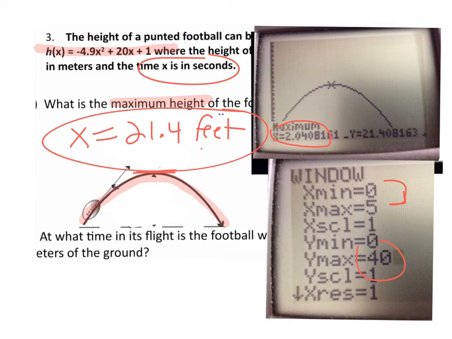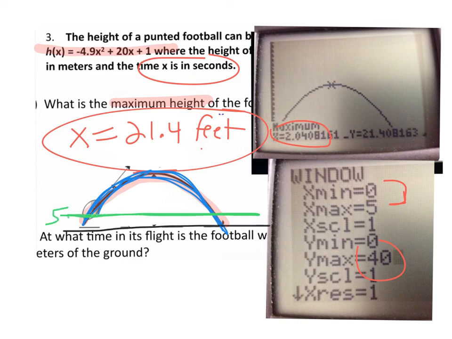So the second part now says, at what time in its flight is the football 5 meters off the ground? So I'm going to use this picture that was given to you, and they want to know at what time in its flight is the football 5 meters up. So if I can draw an imaginary line 5 up from the ground, so here's my ground value, and I went 5 meters up.